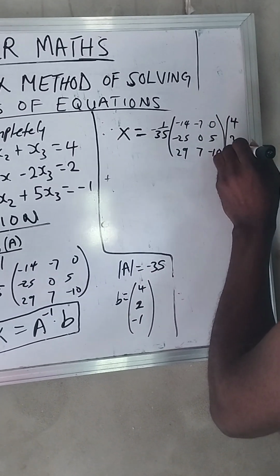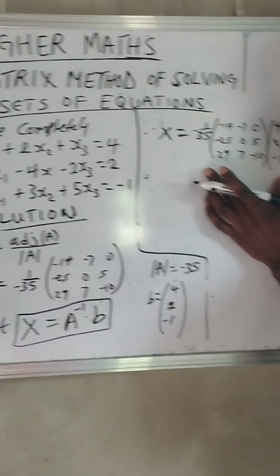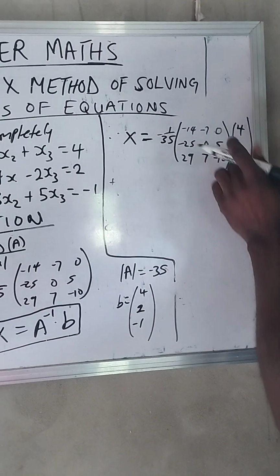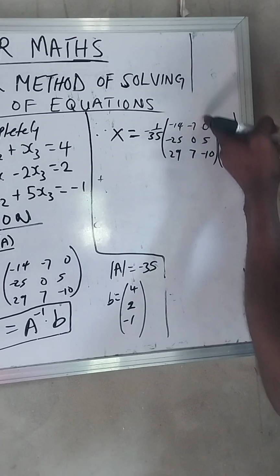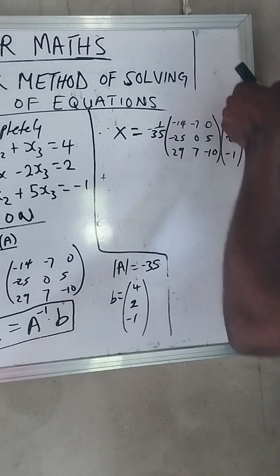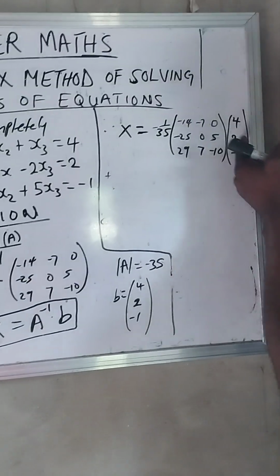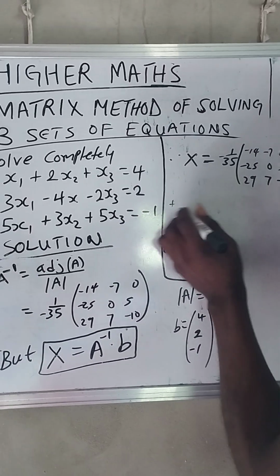So this is what we're going to have. What we'll do is multiply this 3 by 3 matrix and this column matrix together. Our result will now multiply this. So we're going to have this.